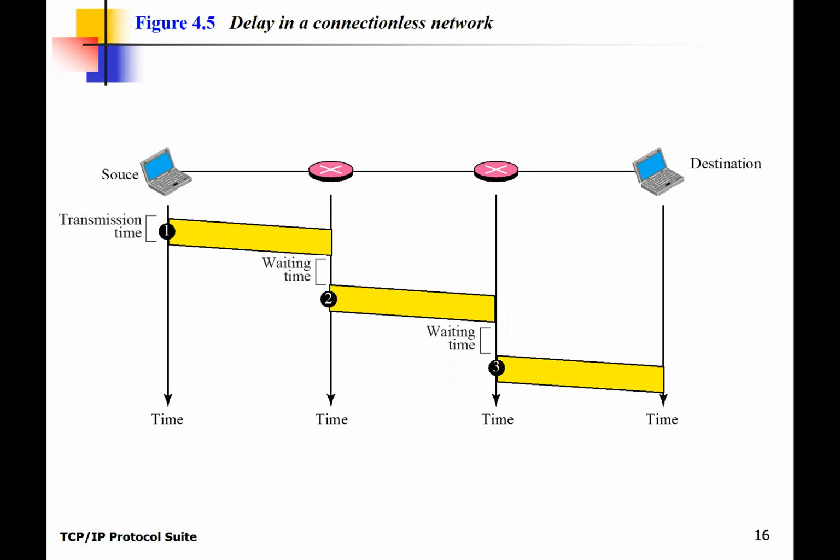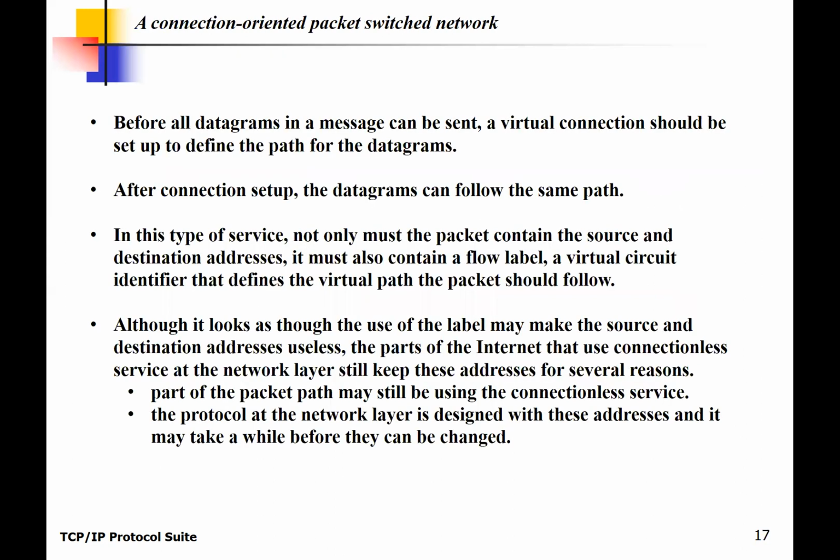Nothing, because you sent. I'm not waiting for anything to come back to me. And what is the total delay? It's going to be the transmission time, you add the wait time, another transmission, wait, transmission, until you send the whole packet. And that's only for one packet, correct? Now, that's the connectionless.